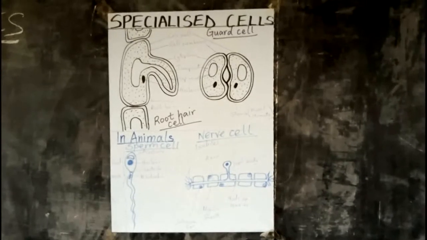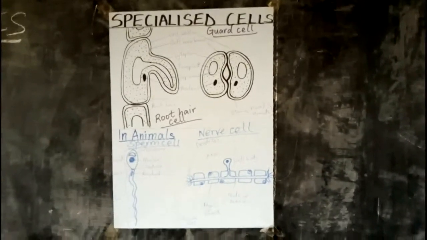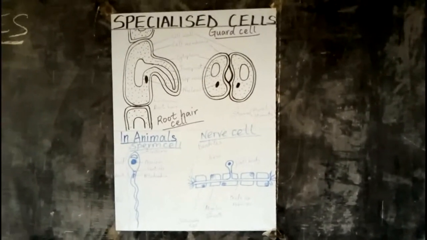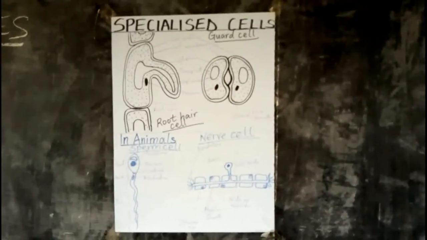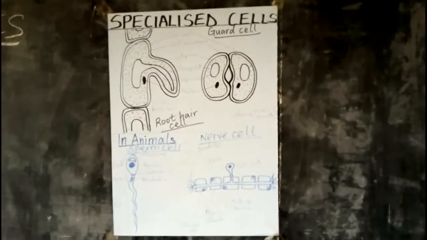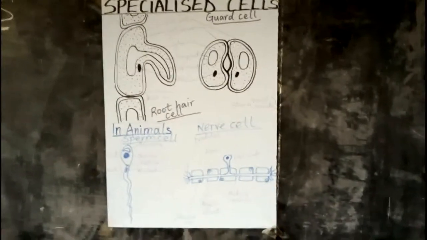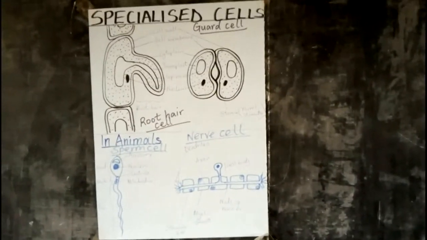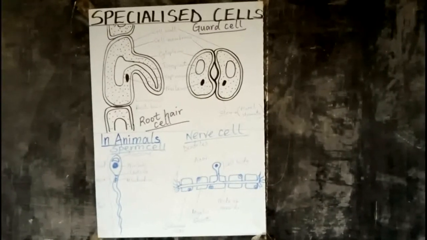The following are examples of specialized cells. In plants, we are going to look at the first one here called the root hair cell. We will also be able to look at the guard cell.